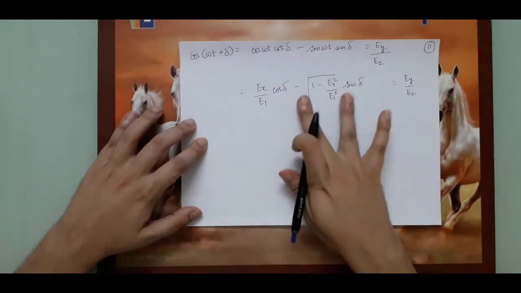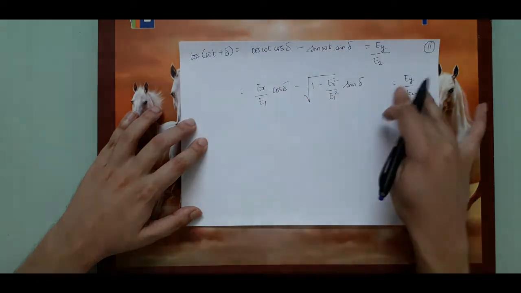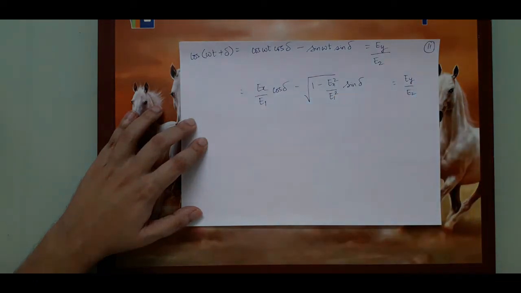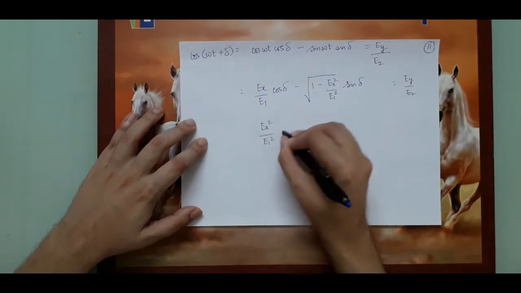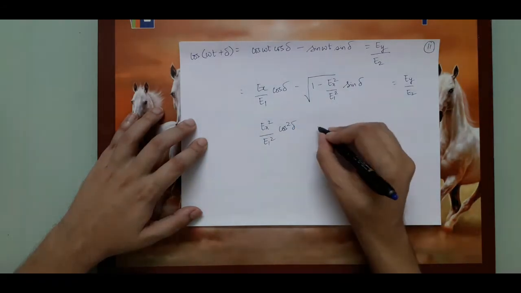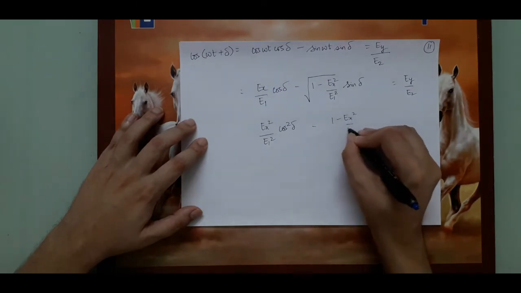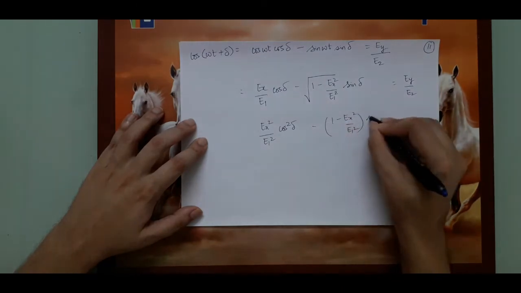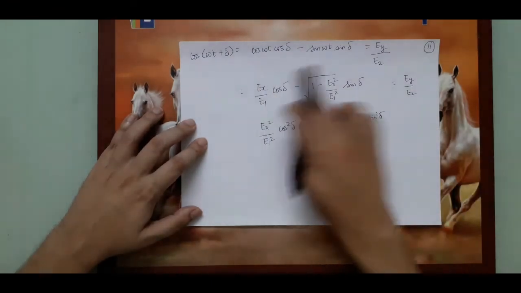If you take the square of the left hand side as well as this side, you will get some result. So let us do that. Ex square by E1 square cos square delta minus 1 minus Ex square by E1 square times sin square delta. Oops, I made a mistake. This should be the square of the whole term.